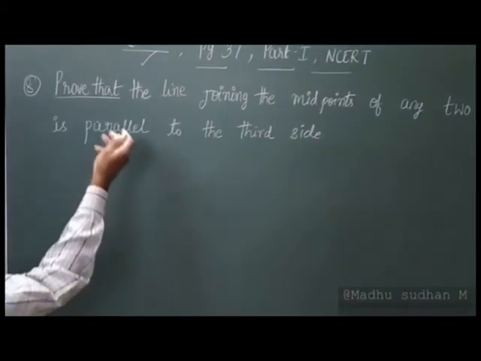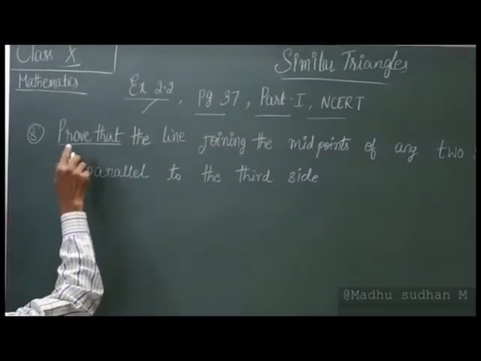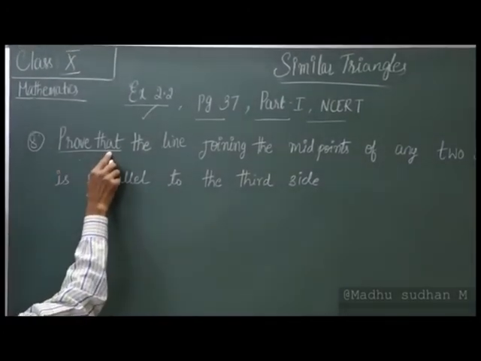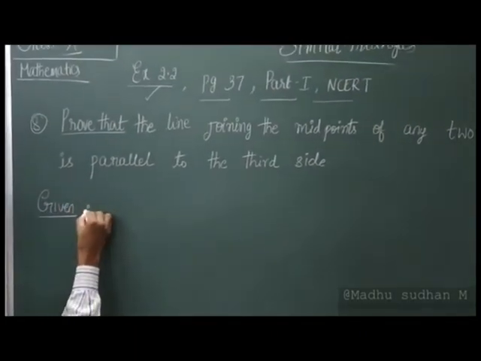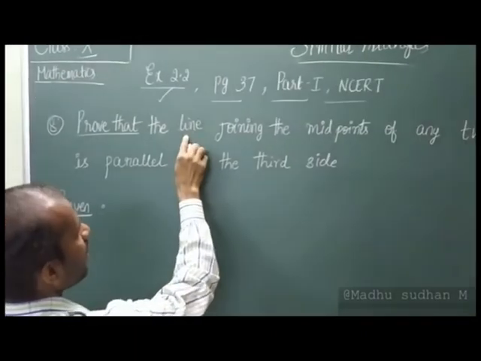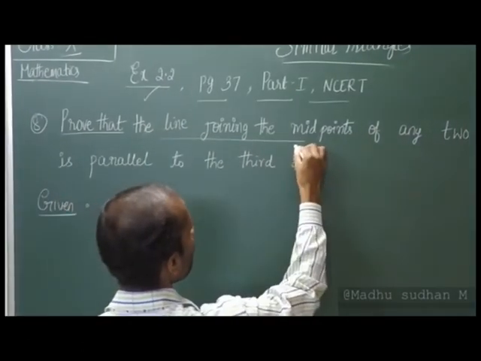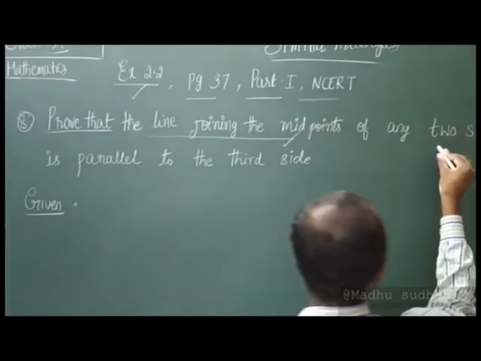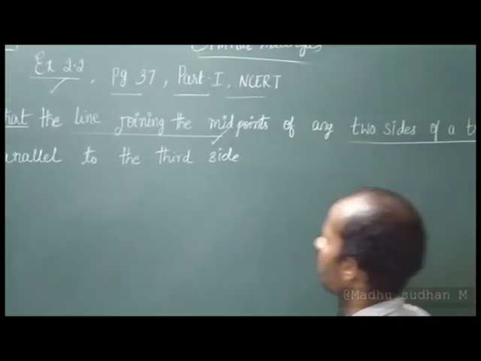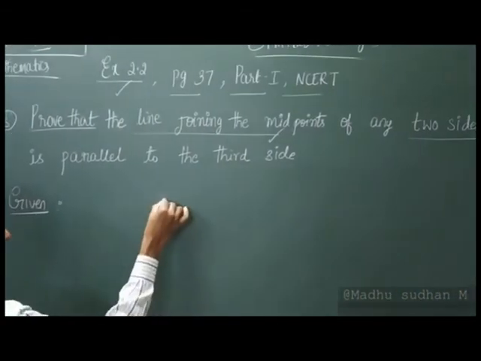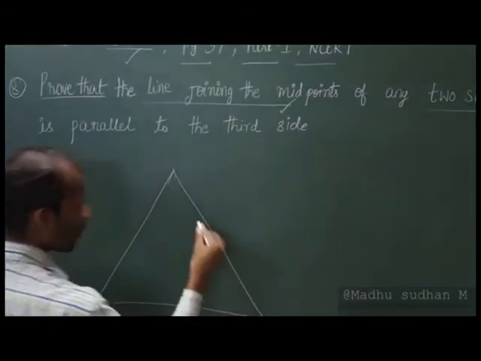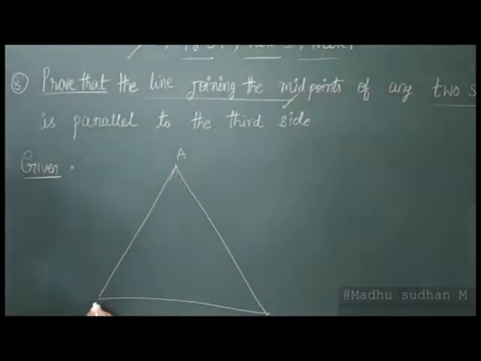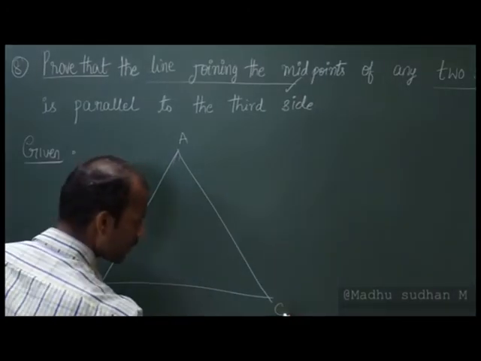So we have the next question here. We need to again prove that. There are certain procedures. Again, I should write given here. Prove that the line joining the midpoints of any two sides of a triangle. So again, I should have a triangle. So if this is my triangle, let me write this is A, this is B, and this is C here.